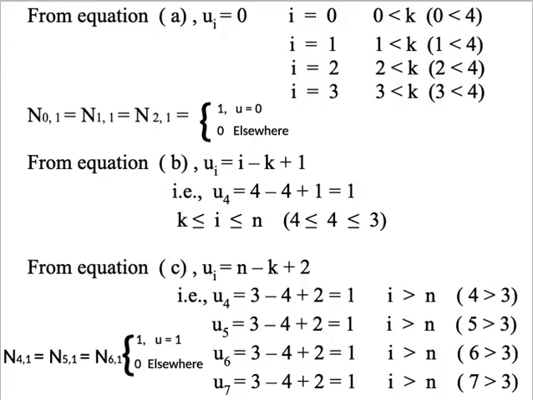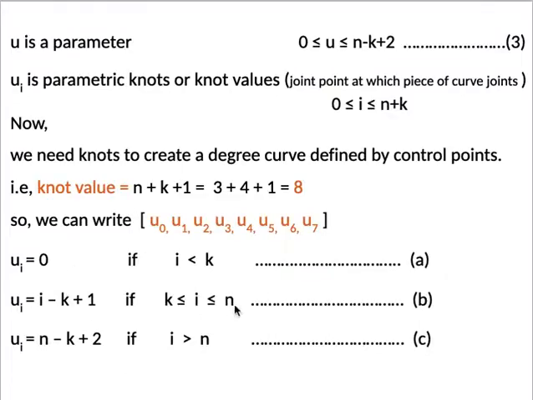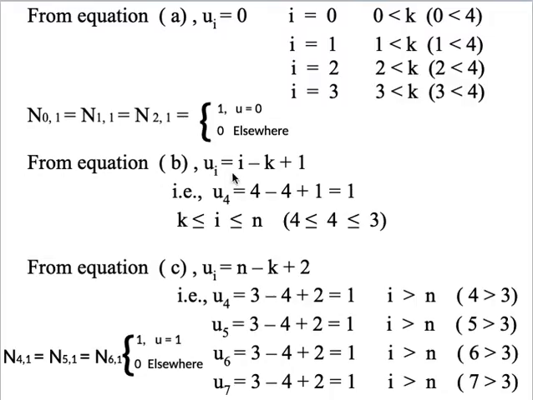So from equation 2 here we'll see ui equal to I minus k plus 1. If I use I up to 3 it is over, so further, if I put 4 here, I minus k plus 1, I means 4, k means 4, plus 1, so 4 plus 1 is 5, 5 minus 4 is 1.